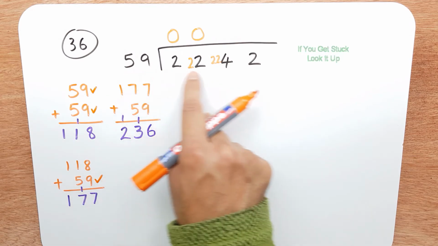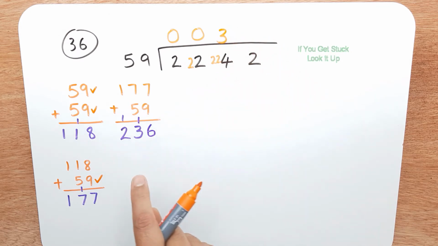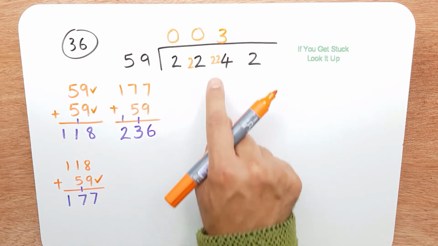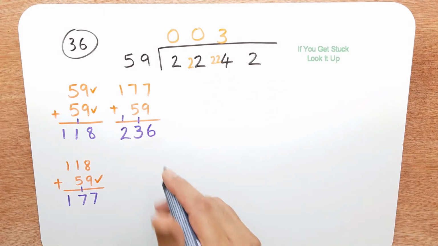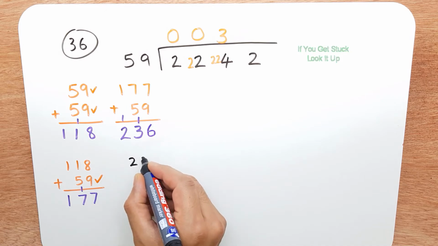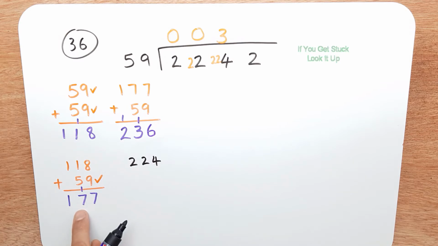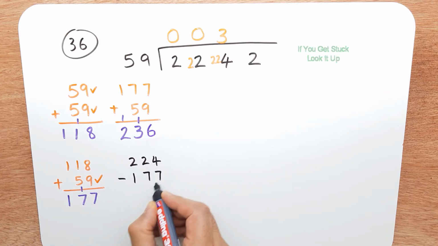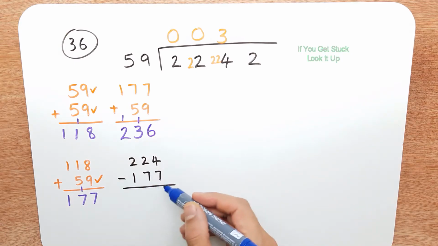So how many 59s are there in 224? 3. Now we need to work out the remainder. So we've used 177 and we had 224. So what we can do is 224 take away the 177 we've used. 4 take away 7.